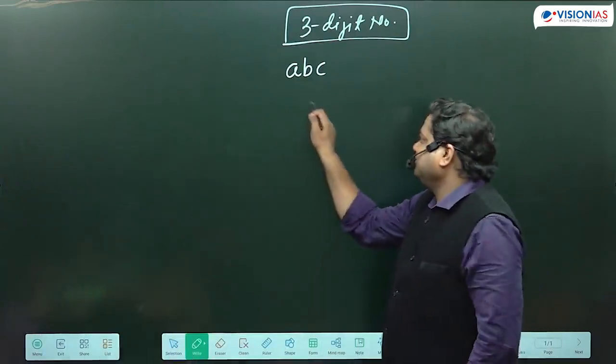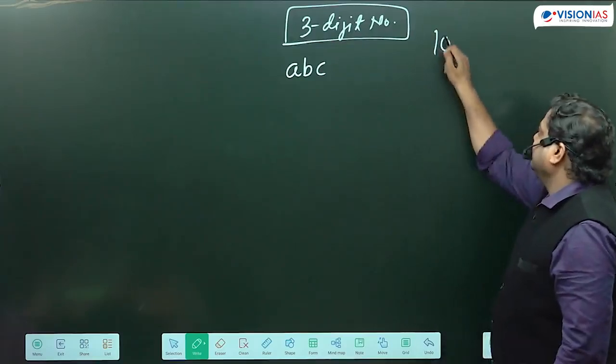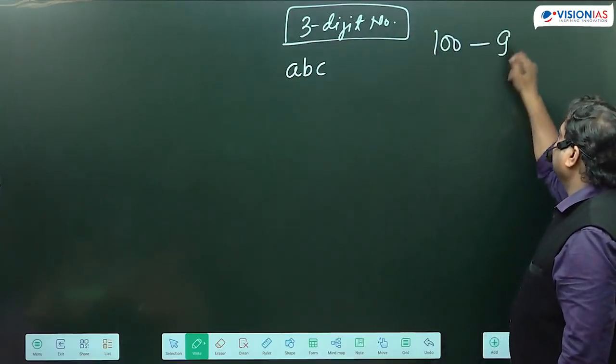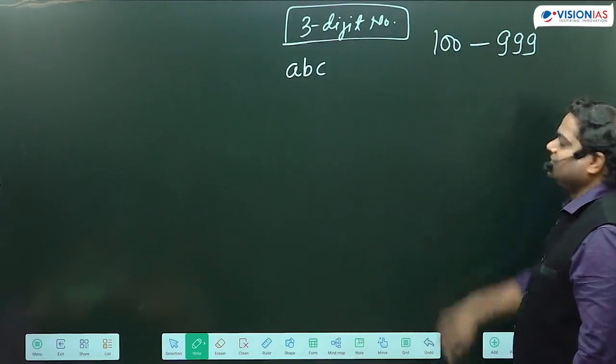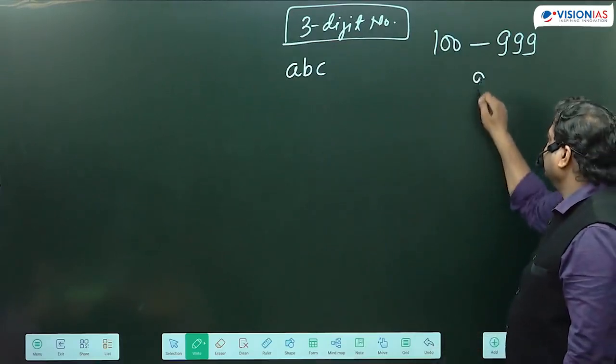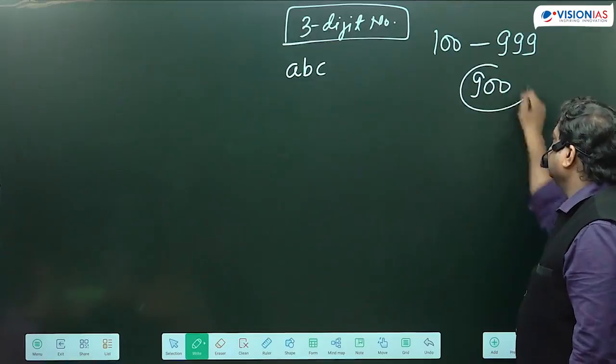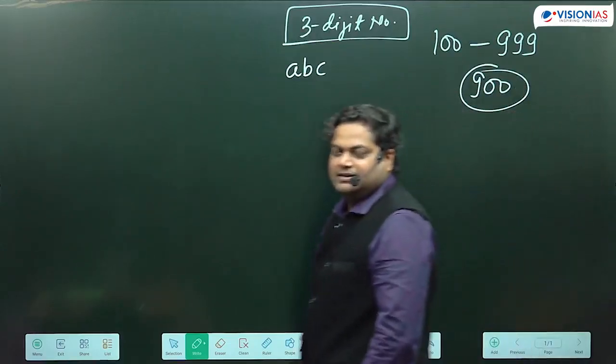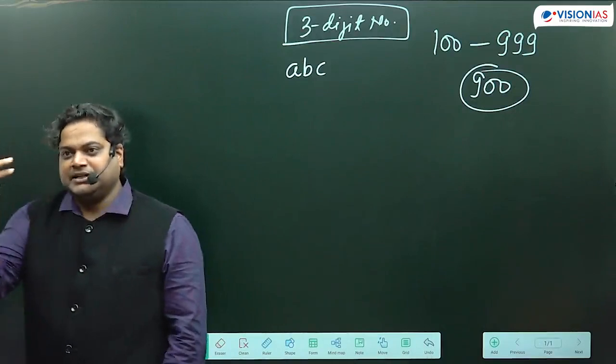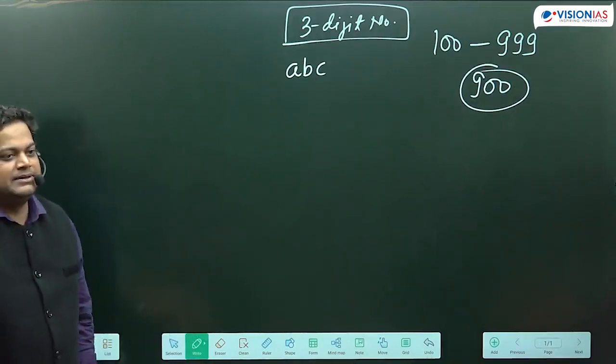So it starts from 100 till 999. 900 3-digit numbers are there. We can calculate this with the help of permutation and combination also. We'll see in that chapter कि कैसे.